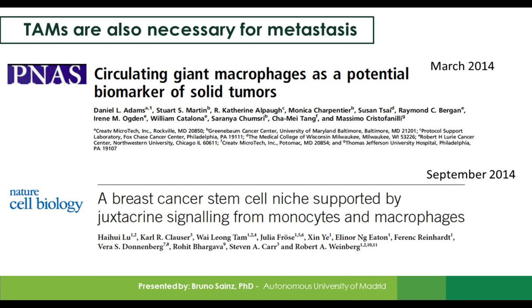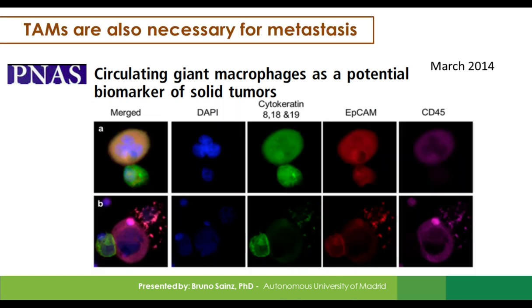So there have been some very nice recent studies. For example, a study by Adams et al. published in 2014 in PNAS actually suggests that circulating tumor cells do circulate with immune cells. In this study in particular, the authors observed that circulating tumor cells were actually fused to macrophages.